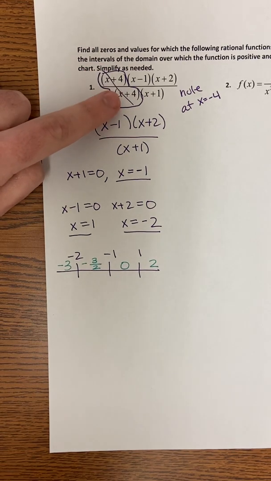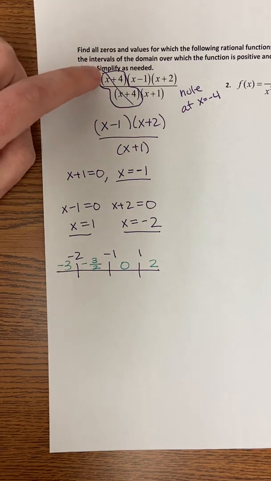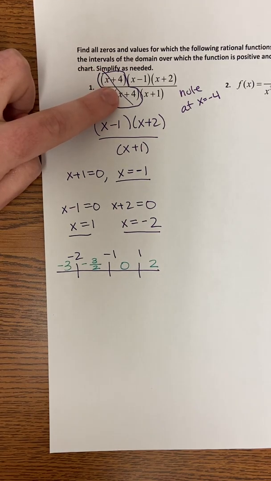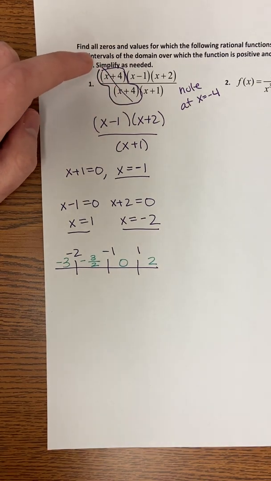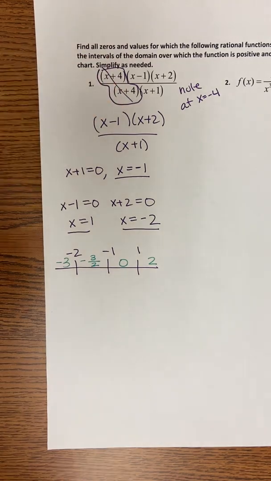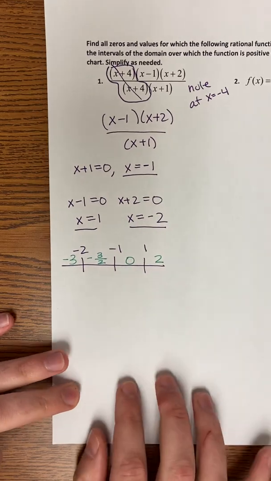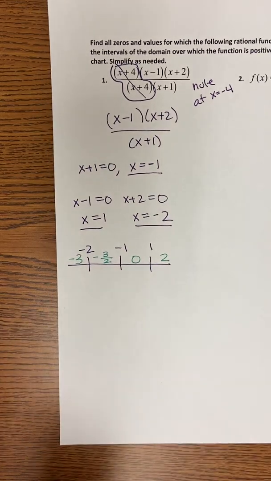Positive divided by positive, still positive. But if you take, say, negative 10, negative 10 plus 4 is negative, but negative 10 plus 4 is also negative. In fact, it's the same negative, and negative divided by negative will still be positive. So those two will always cancel each other out regardless, so they're not required in our sign test. For the rest of them, I'm going to plug it into the factored form to determine where I'm positive and negative.